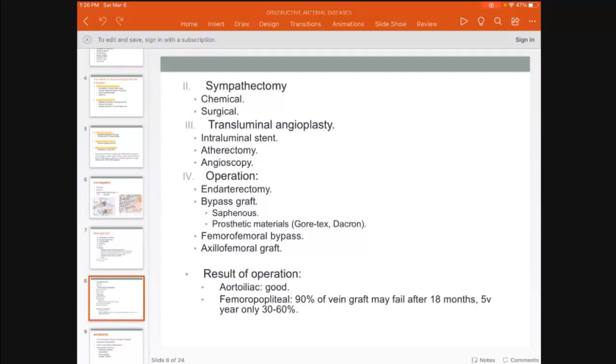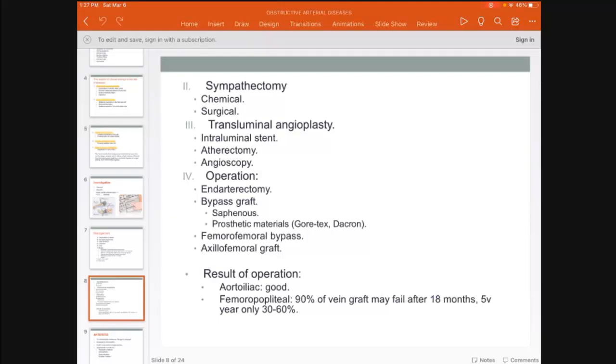Sometimes we do an extra-anatomical one. For example, if I have obstruction of the femoral artery, I can use an axillofemoral graft. I do an anastomosis, open the axillary artery, and make a graft that runs subcutaneously until it reaches the femoral, to relieve the symptoms of the lower limb. We call this an extra-anatomical axillofemoral graft.